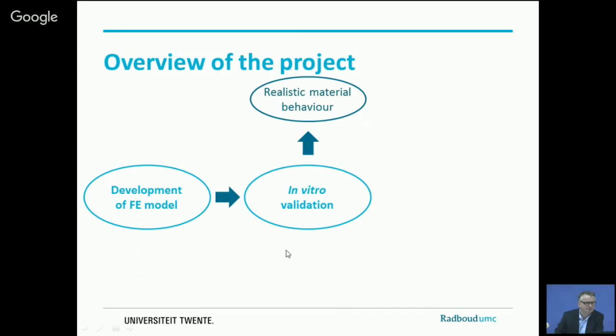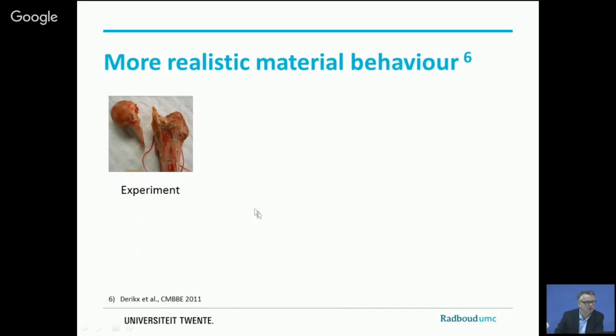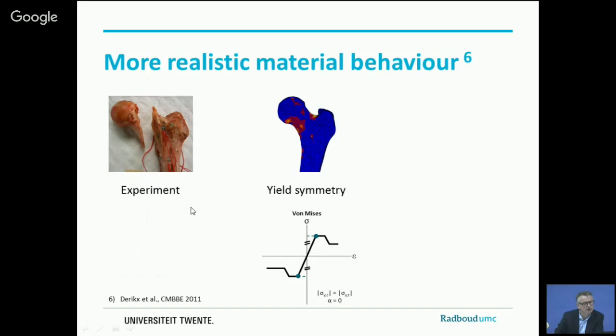Okay, so we have a validated model, and then we asked, is it realistically also fracturing? And then we thought we could improve on that. So this is a complex graph in which we simulate how bone fails. This is the displacement and force curve of bone, and Professor Gupta already showed that to you. So this is the stiffness. If you put more stress on something, it deforms more, right?